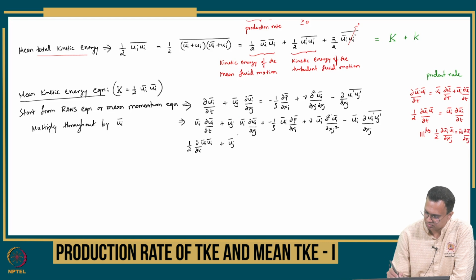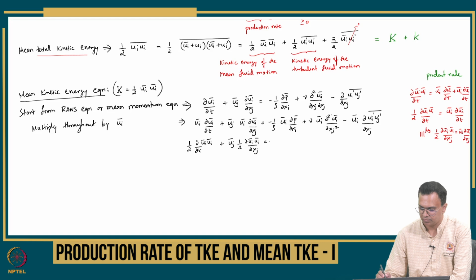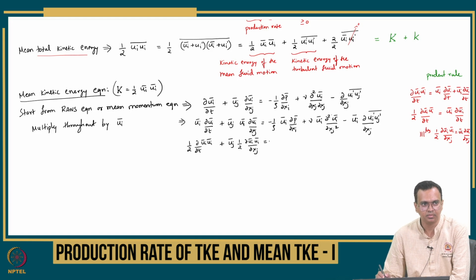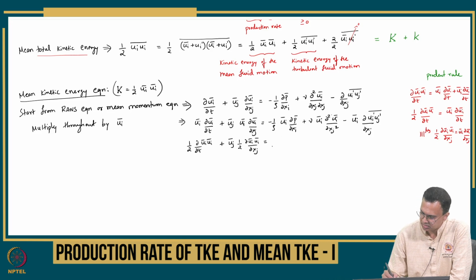So on the left hand side you can already see I have dou by dou t of capital K plus uj bar dou by dou xj of capital K. I am already getting the equation for capital K, which is the mean kinetic energy.